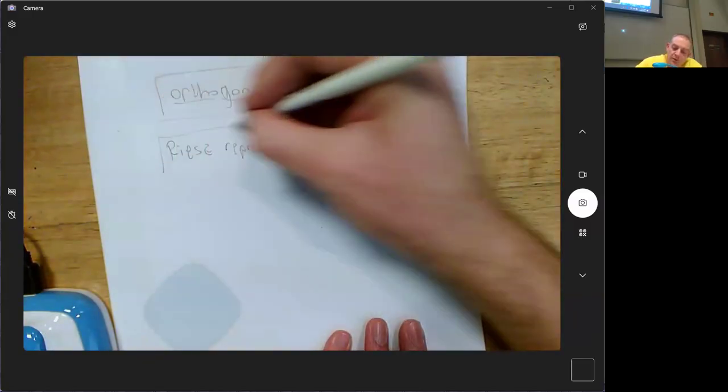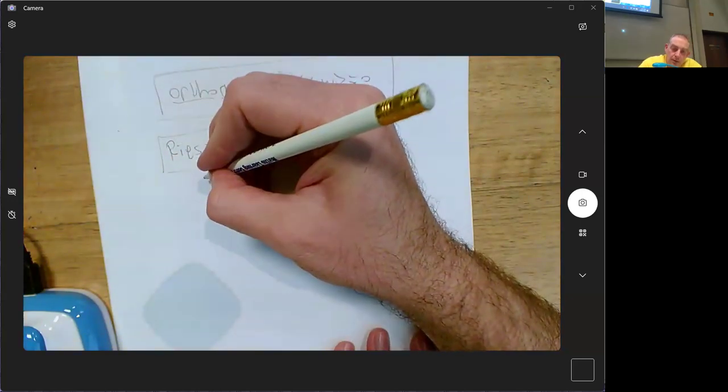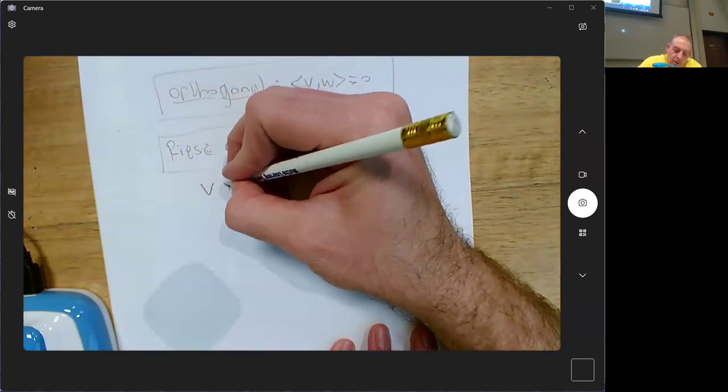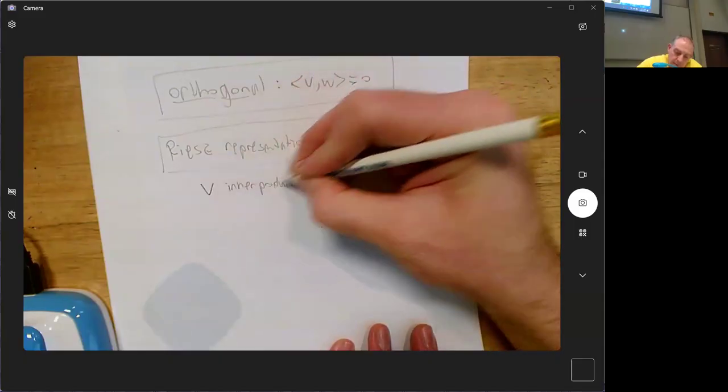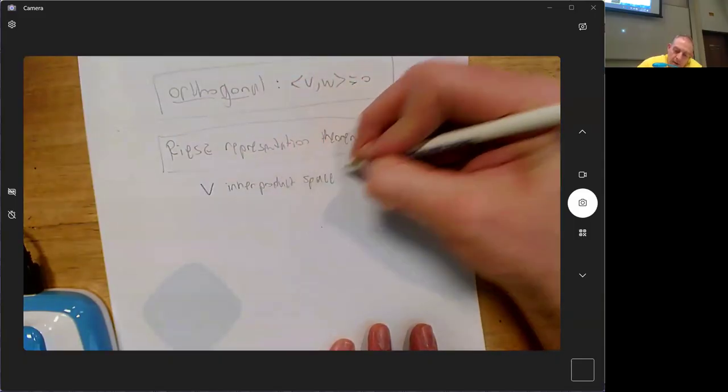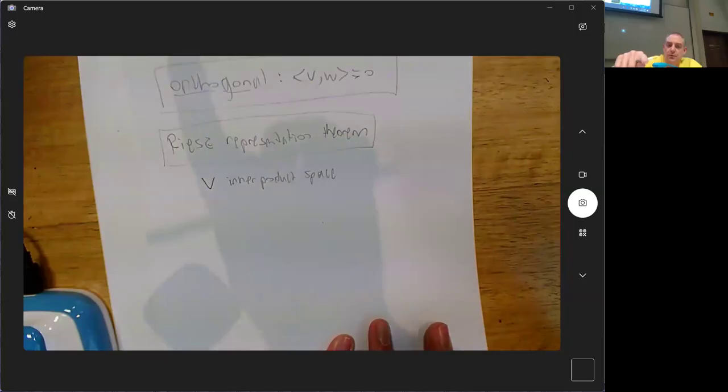So the Riesz representation theorem says V is an inner product space and it's finite dimensional.